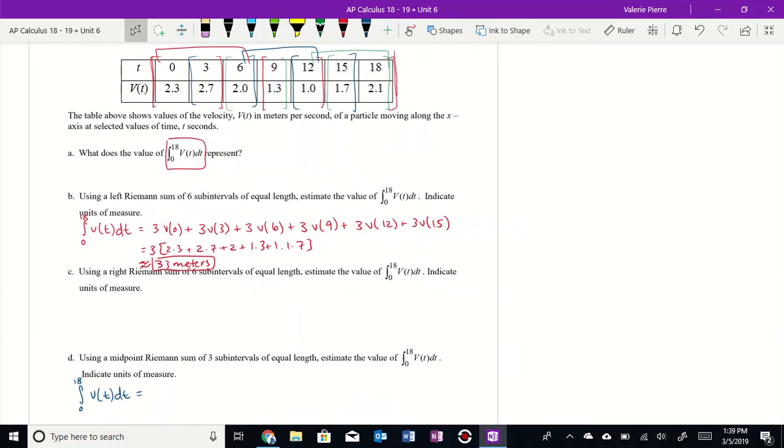So Riemann sum means we're using rectangles. So from 0 to 6, the base of that rectangle is 6. And the midpoint between 0 and 6 is 3. So 6 times v of 3 plus another 6 times v of 9 plus another 6 times v of 15.